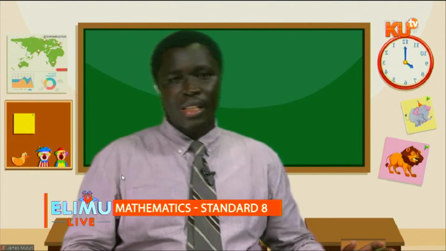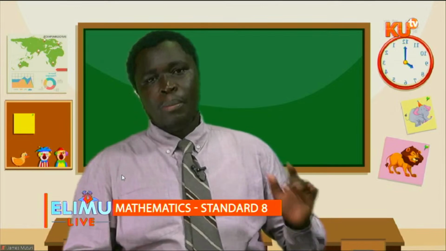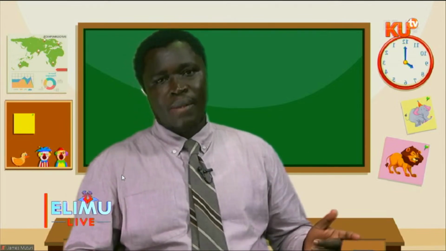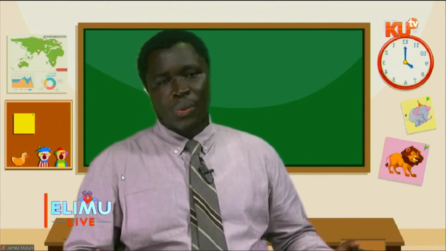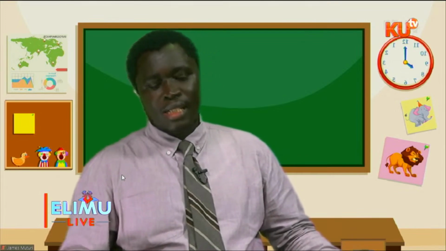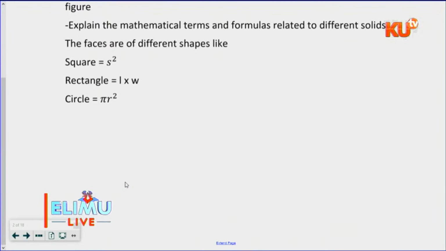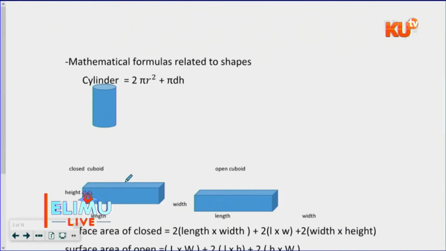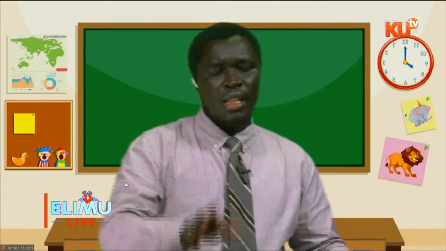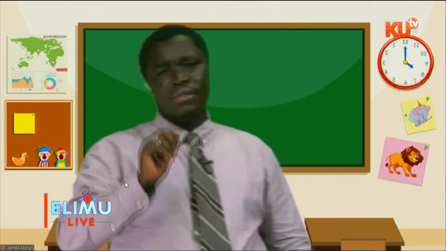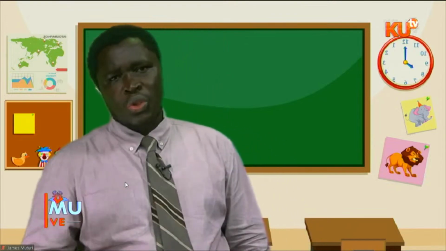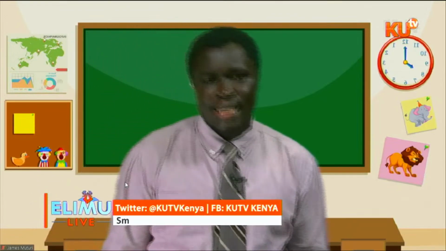How do we get area of a circle? Pi r squared. Area of a circle. Good. And this one will lead us to our next example of shapes that we are going to see. As I mentioned earlier, the first shape we are going to talk about is a cylinder.